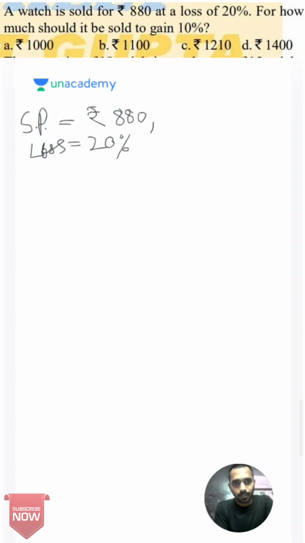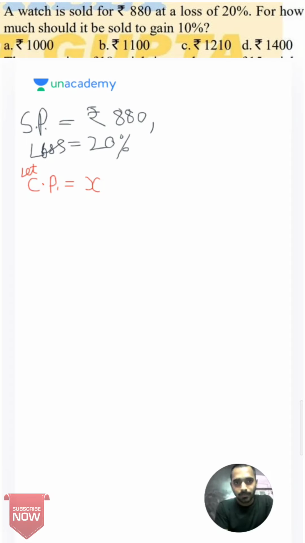So let us say the cost price. Let cost price be X. So there is a loss on SP of 20%, so we are left with 80% of CP.